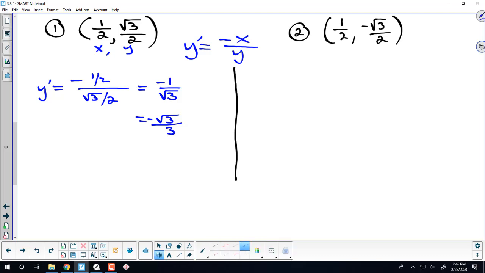And y prime at the second point, we have our negative x over y, and that's just 1 over root 3, or root 3 over 3.